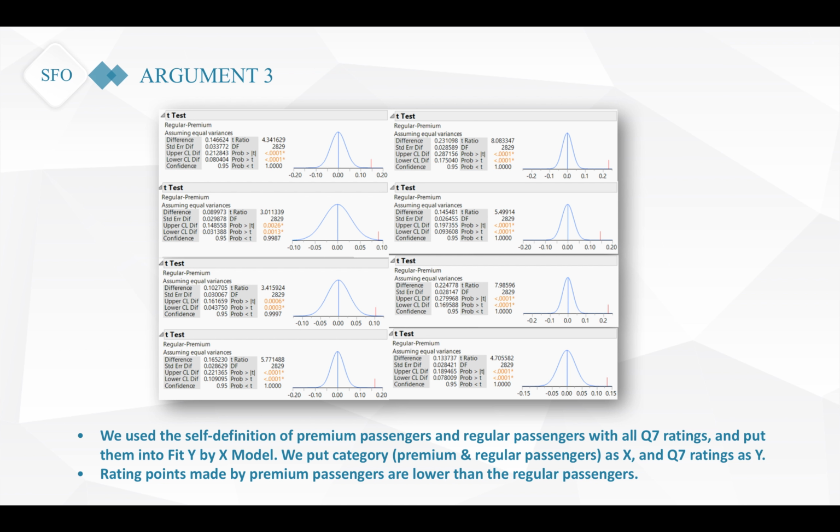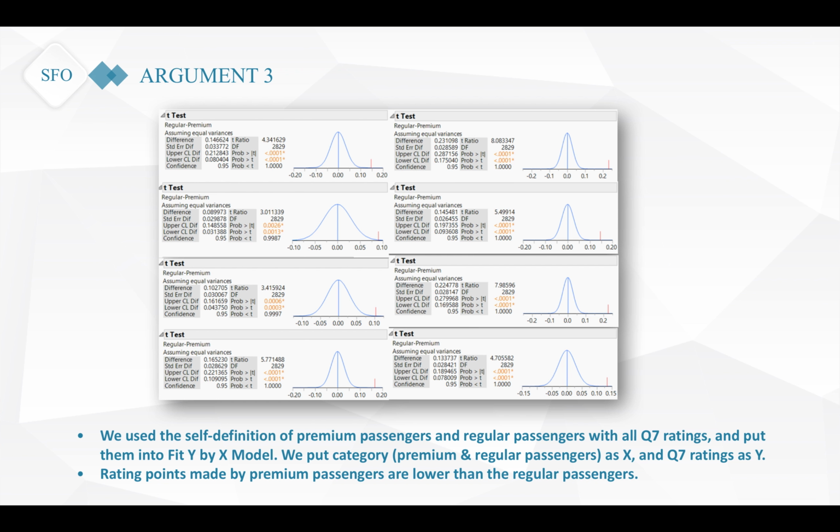So for argument 3, we use the self-definition of premium passenger and regular passenger with all question 7 ratings and put them into a Fit Y by X model. We put the category, premium and regular passenger, as X and the question 7 rating as Y. We found that rating points made by premium passengers are lower than those of regular passengers.